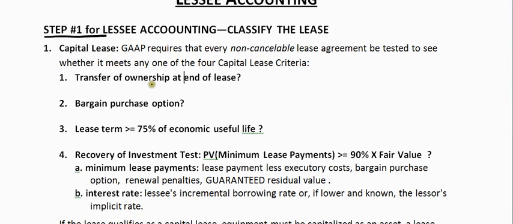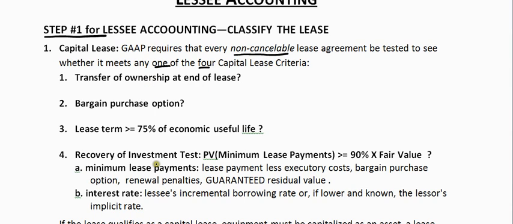If it's not a capital lease, we wouldn't do all the stuff we saw in 1B and 1C. So to classify a lease, pretty straightforward. GAAP has a bright line test. Every lease that could potentially be capitalized must be non-cancelable and then meet any one of 4 criteria.